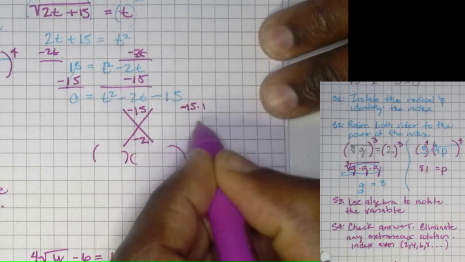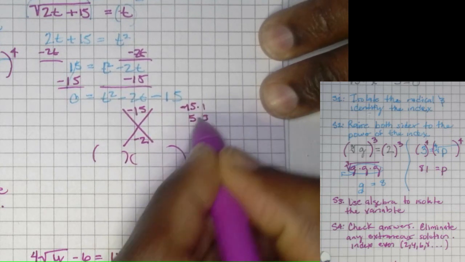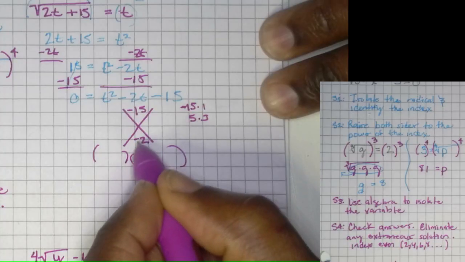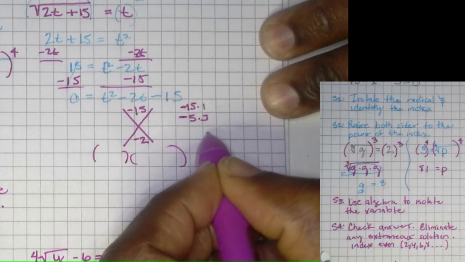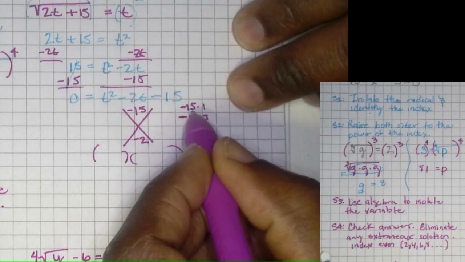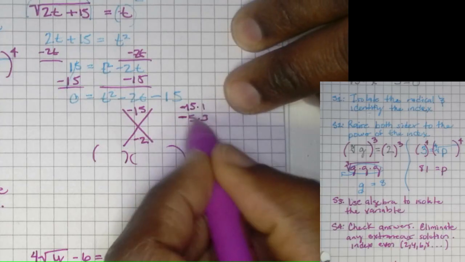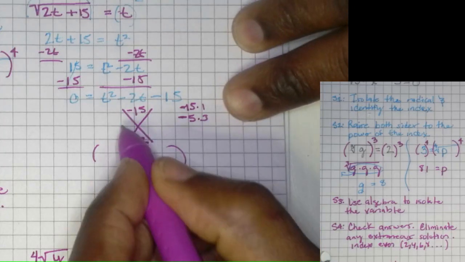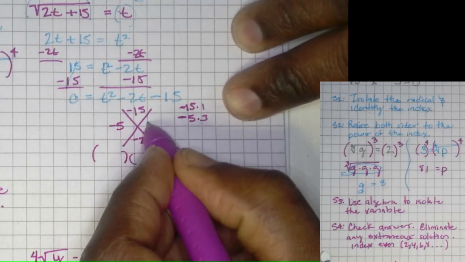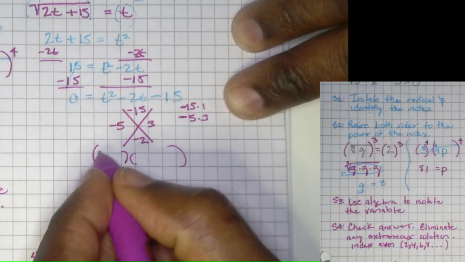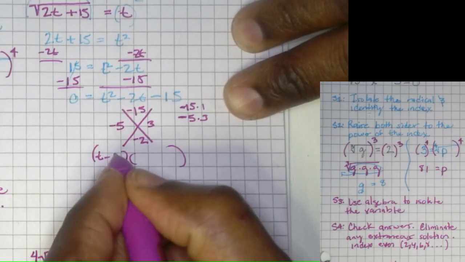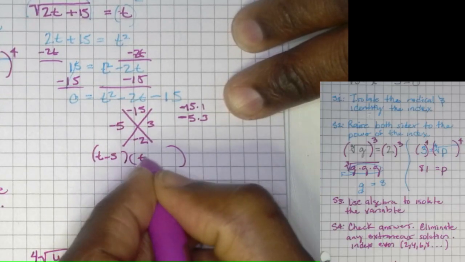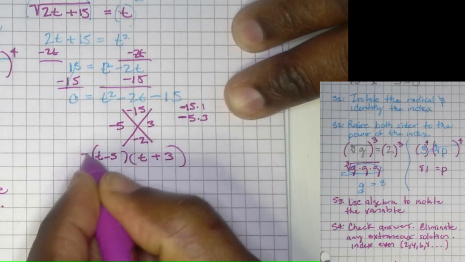So negative 15 times 1, or we can do 5 times 3. The sign of your b is the sign of your biggest number. So which one of these factors that multiply to give us negative 15 also combines to give us negative 2? The negative 5 and the 3. So we have t minus 5 and t plus 3 equals 0.